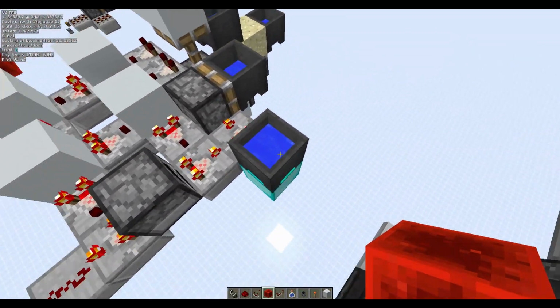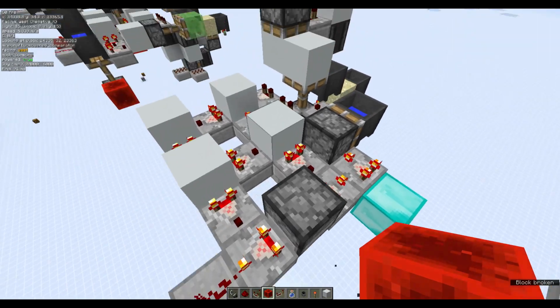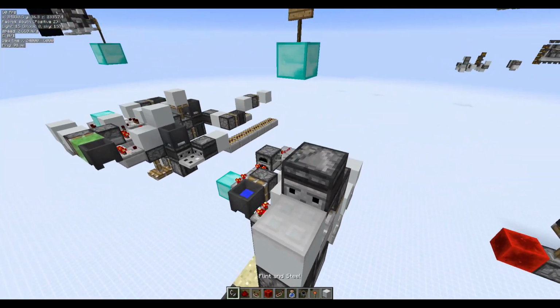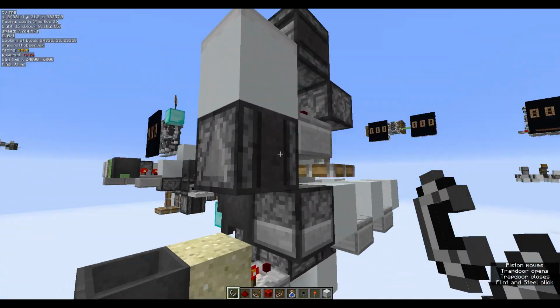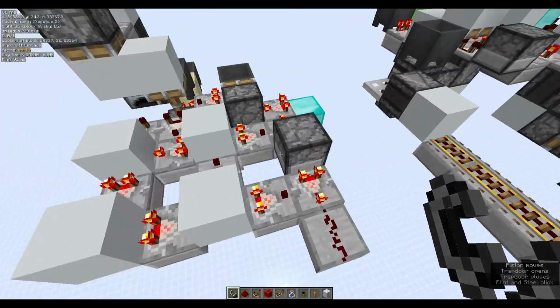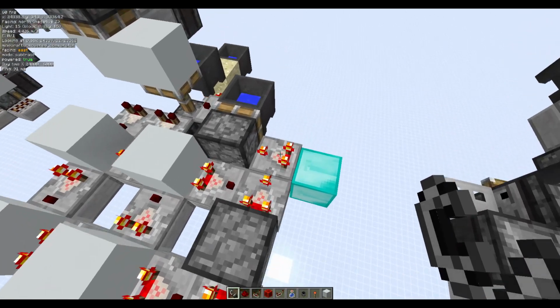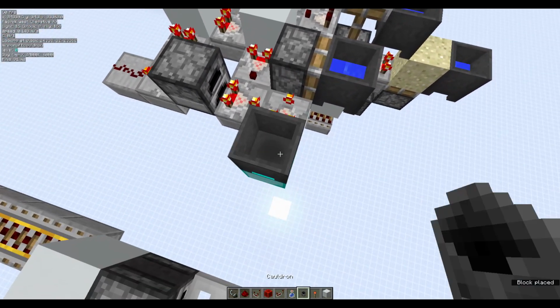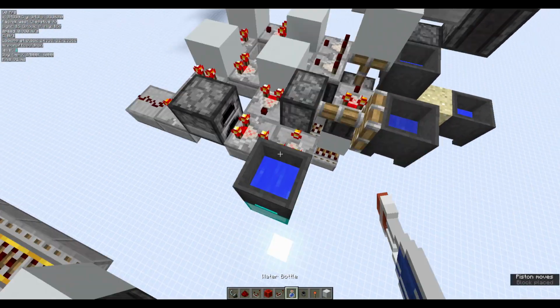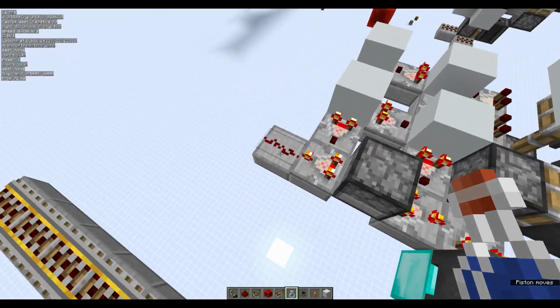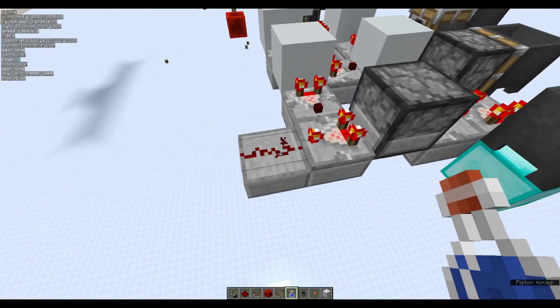Let me just delete this here and reset this real quick. Okay, now it's a value of 0, and we can increment to a different value. Let's put in a value of 1. Value 1.